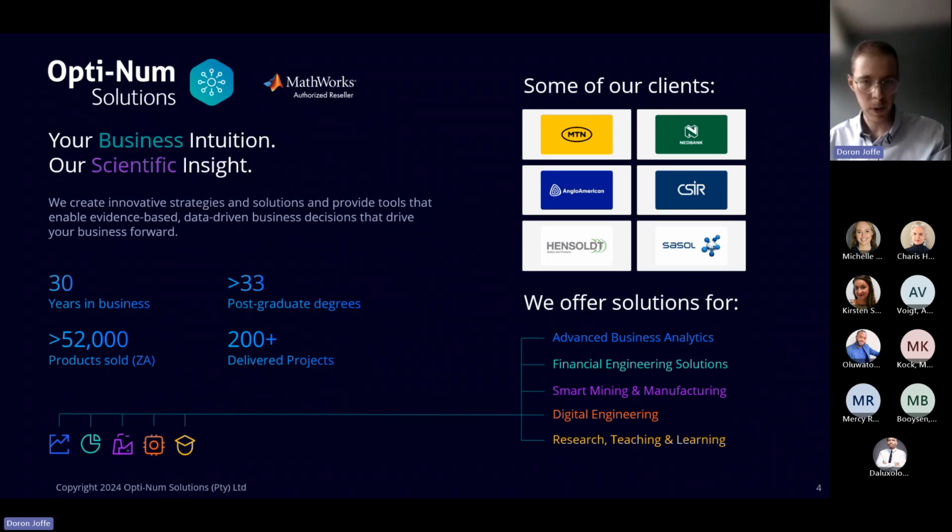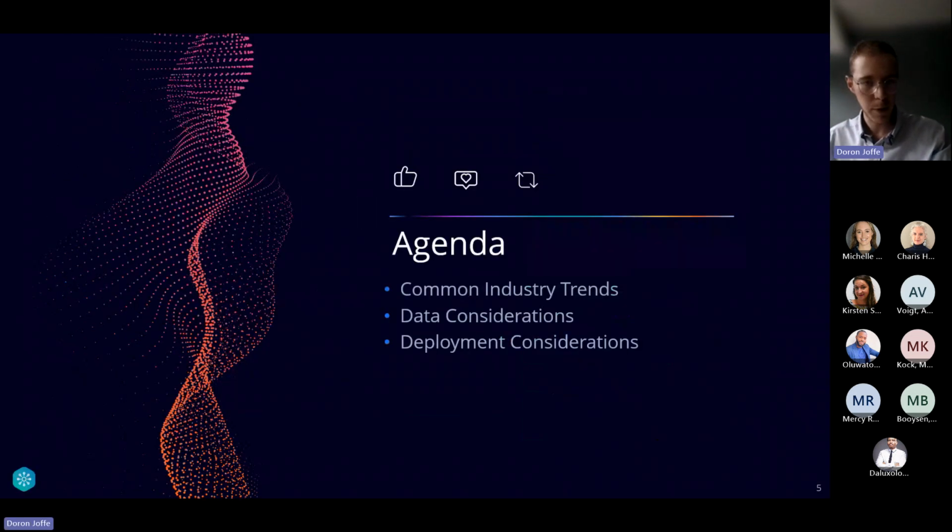In today's roundtable, we're going to be focusing on the smart mining and manufacturing industry, but these computer vision applications can span multiple different industries. A brief agenda for today: we're going to have a look at some of the common industry trends that we have seen in the computer vision industry. So what is the status of the computer vision industry? What are some of the latest technologies? We're going to have a look at some data considerations.